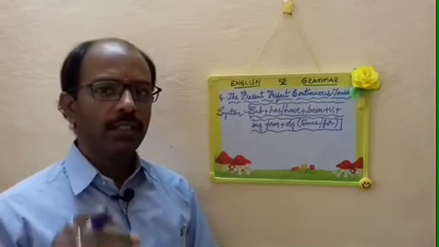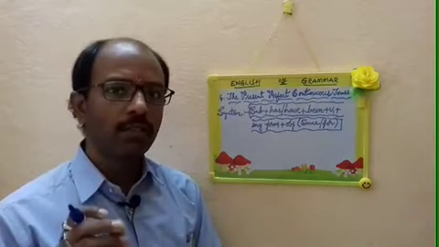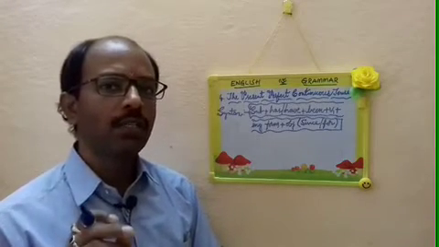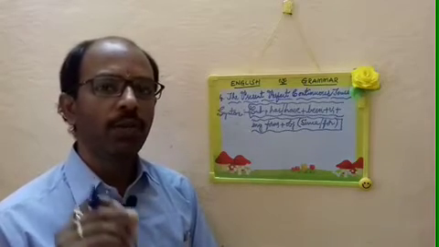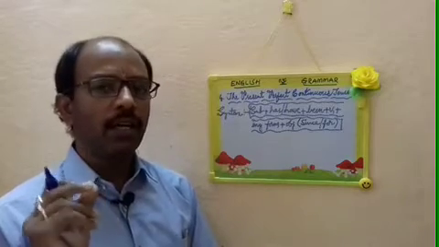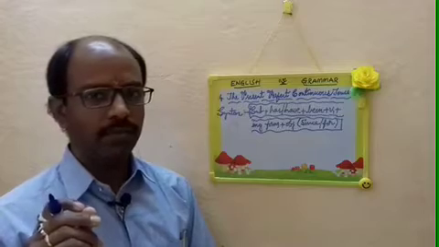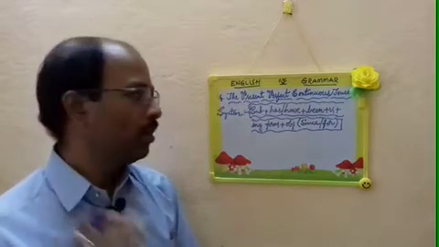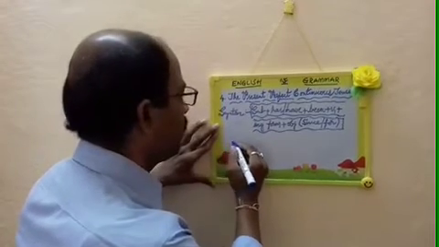Once again, I'll repeat. We use this tense to denote since how long an action has been going on at the time of speaking, or the present. Now have a look at the example.